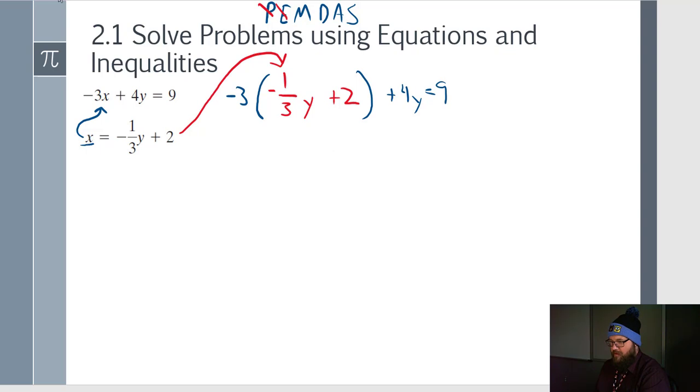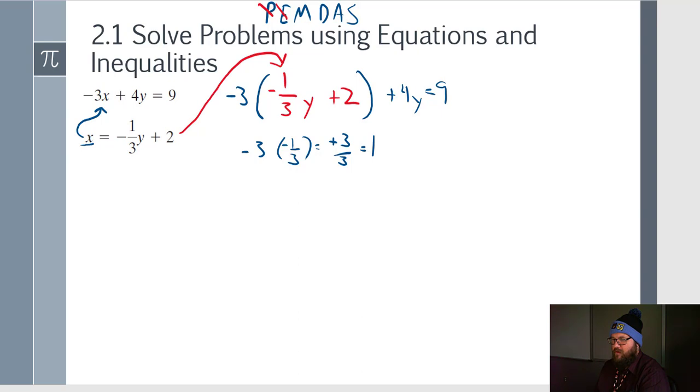So negative 3 times negative 1/3 y, and we multiply this in here. Negative 3 times negative 1/3 is simply going to give us positive 3/3, which is 1, okay?